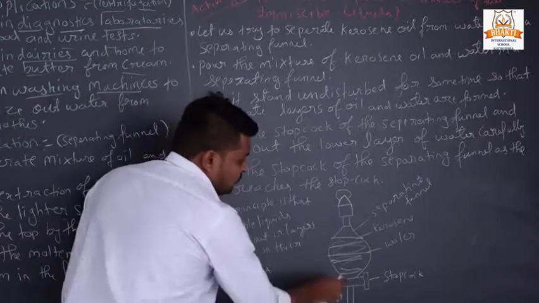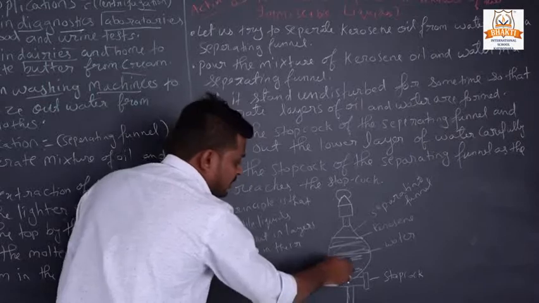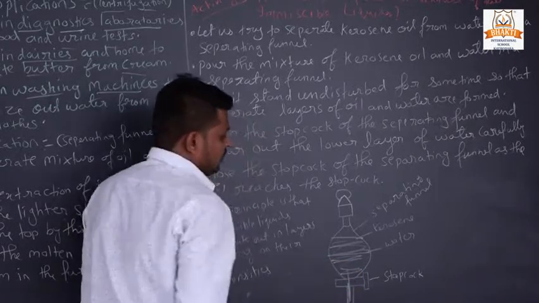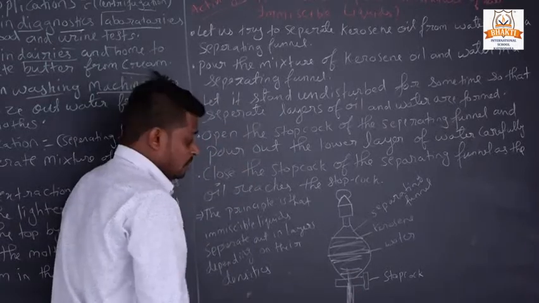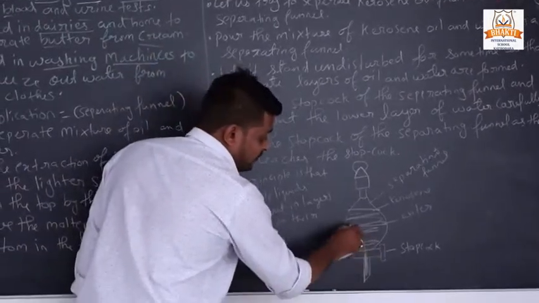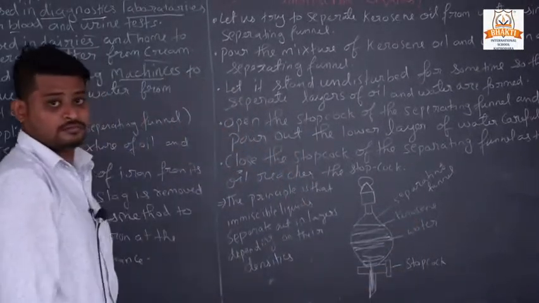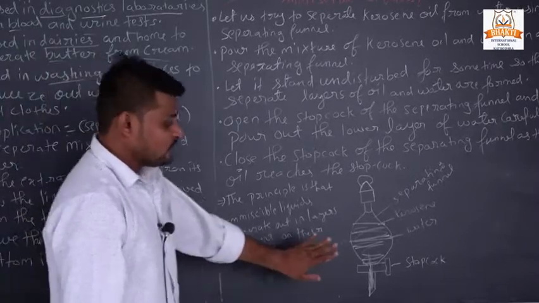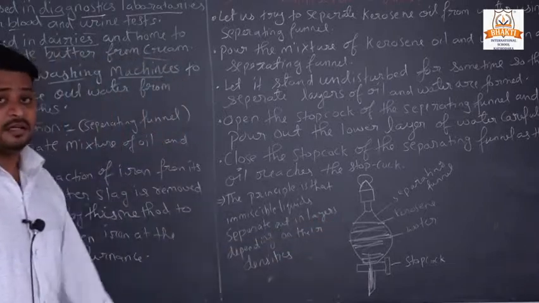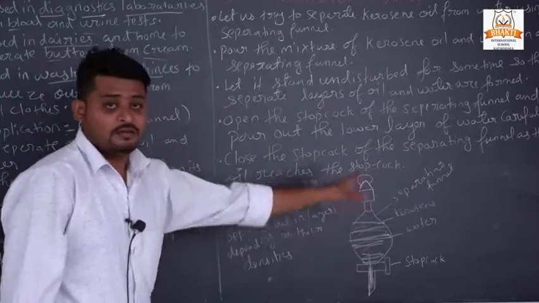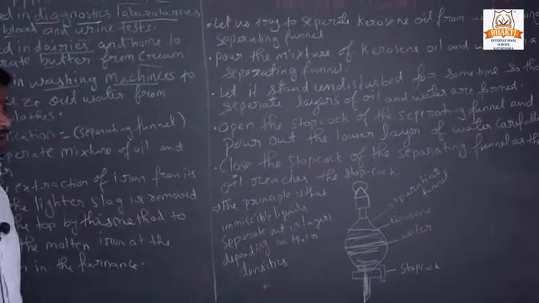What happens, water is at the bottom, so slowly it gets out from this path. After some time kerosene will reach here, so we have to stop the cock. Then it is easily separated, the kerosene and water. So this method is called the separating funnel. From this method we can separate two immiscible liquids.